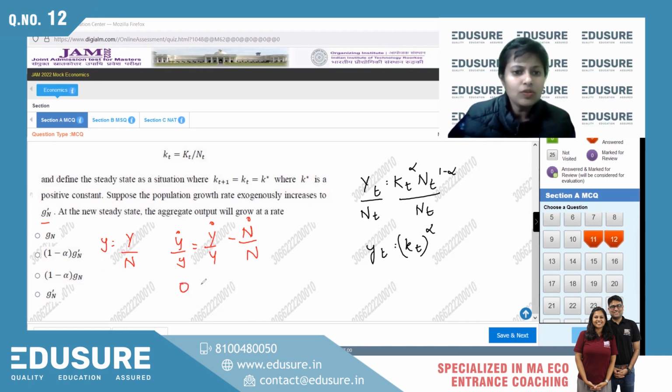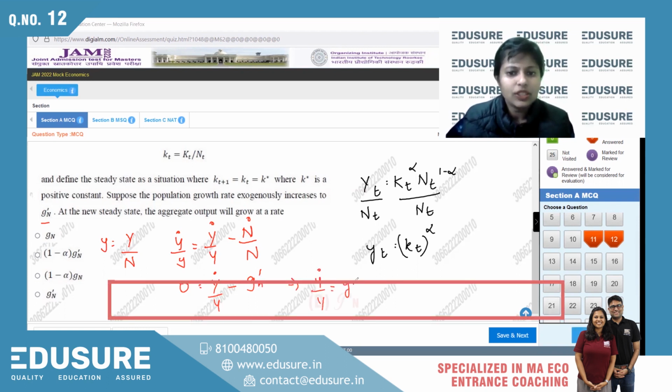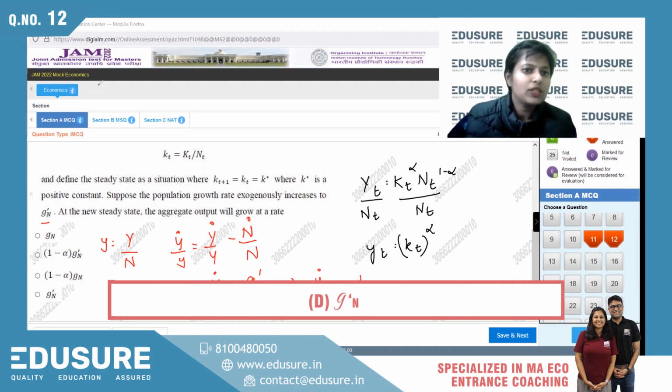So this is 0, and N dot by N grows at the rate g n prime. So that means y dot by y is also going to grow at the rate of g n prime. So the answer is g n prime, that is D.